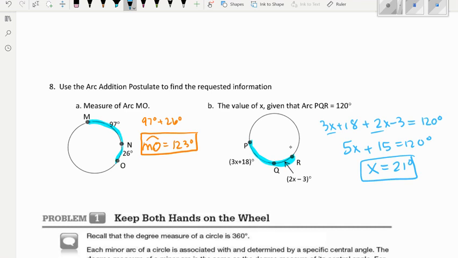If I plug in 3 times 21 plus 18, then you can see that arc PQ is equal to 81 degrees. And if I wanted to find arc QR, that would be 2 times 21 degrees minus 3, which gives us QR being equal to 39 degrees.